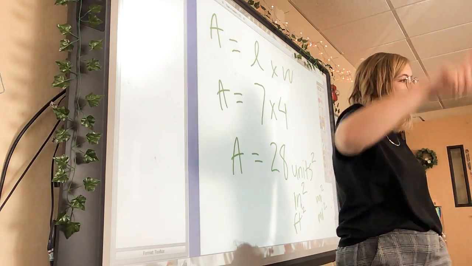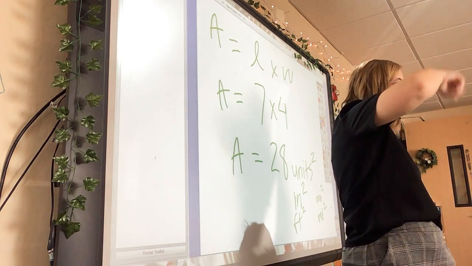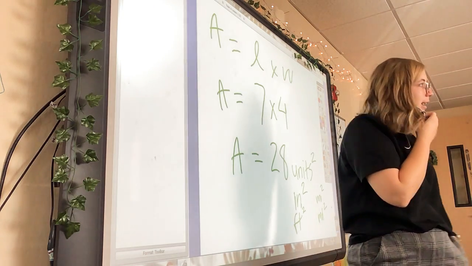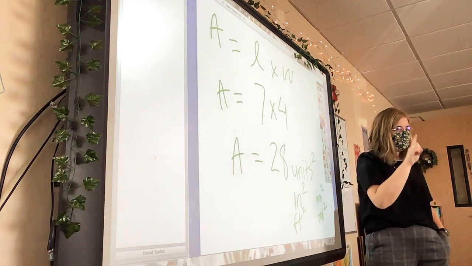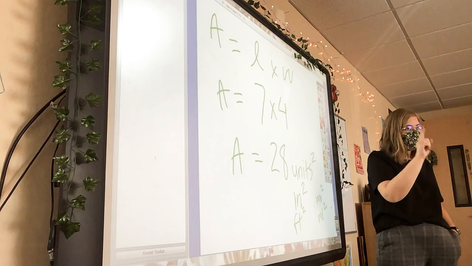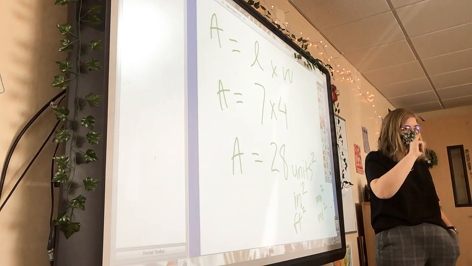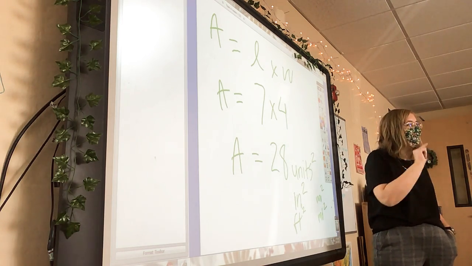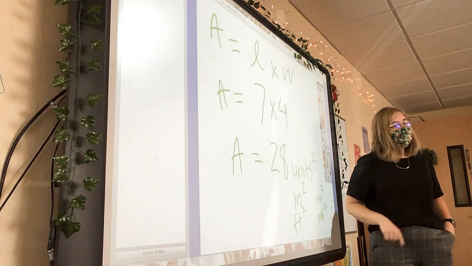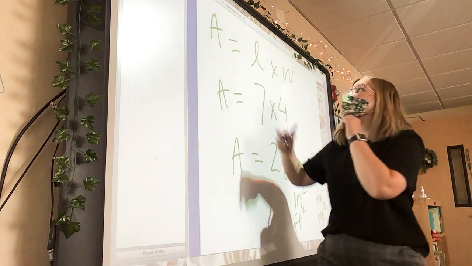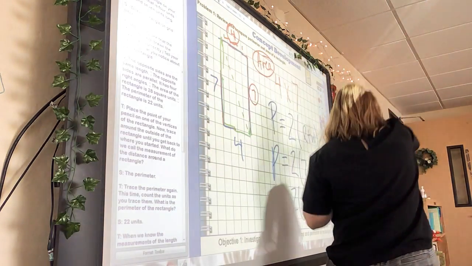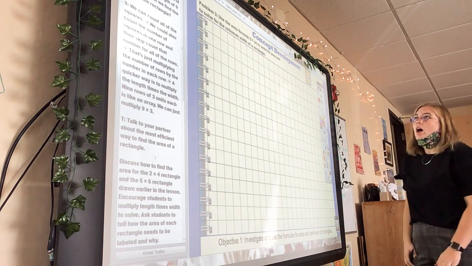Everything on the what? Outside. Beautiful. Good. All right, show me area. Logan, show me area. Good. And it's everything on the what? Inside. Okay? If you can remember that, you will be in good shape.